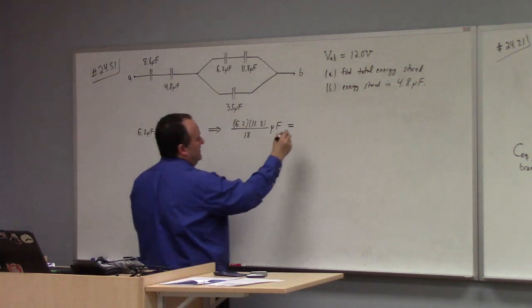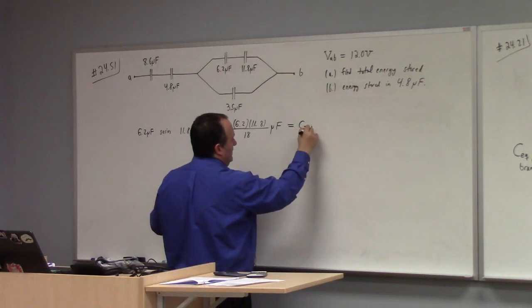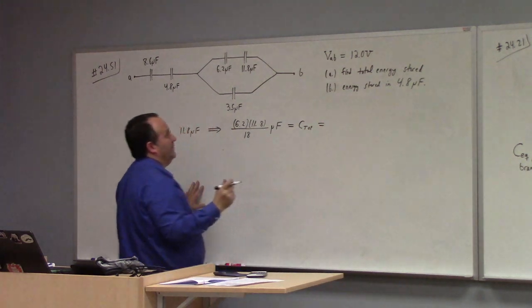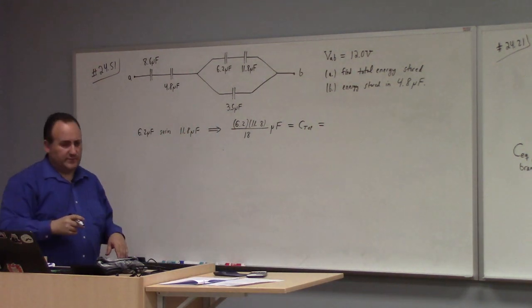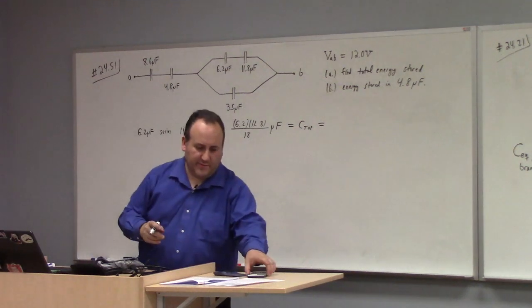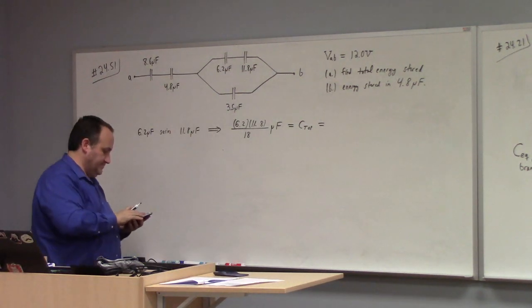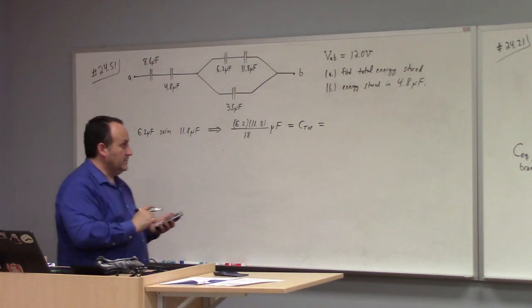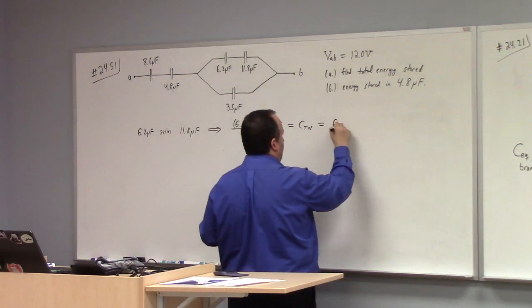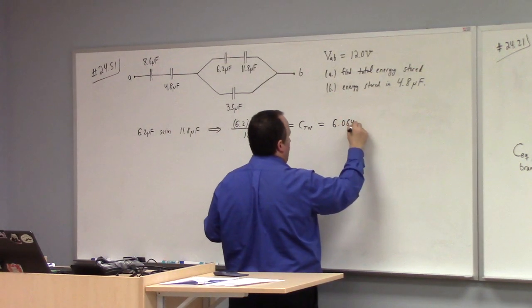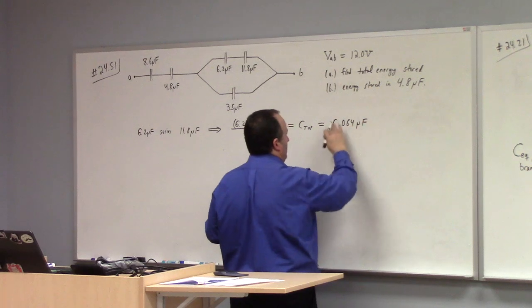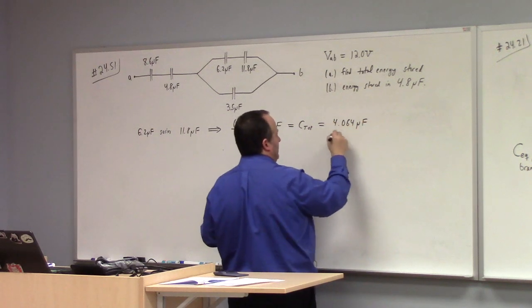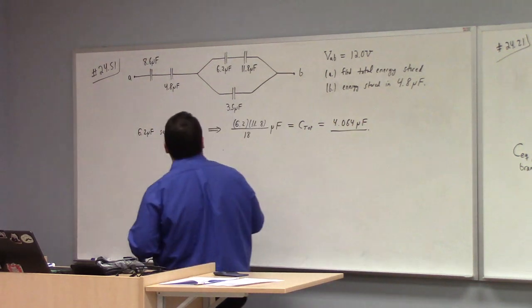I'm going to call this C top. What you got for me? 4.064? All right, we got agreement.